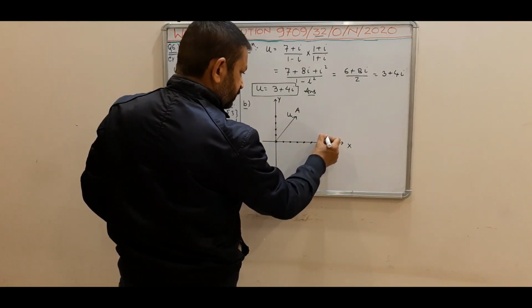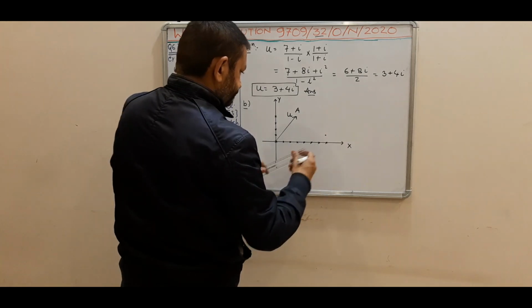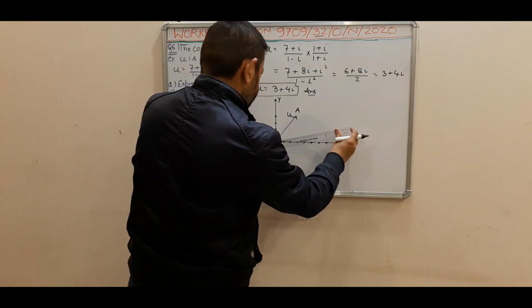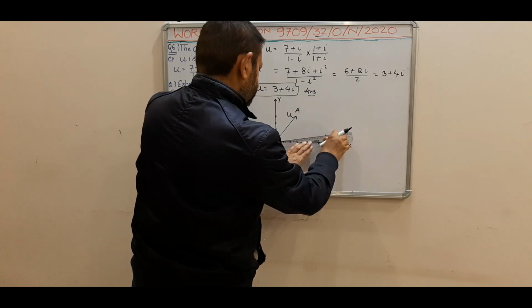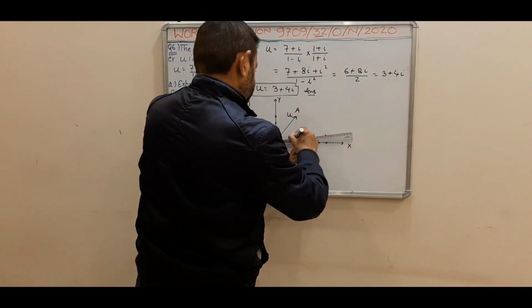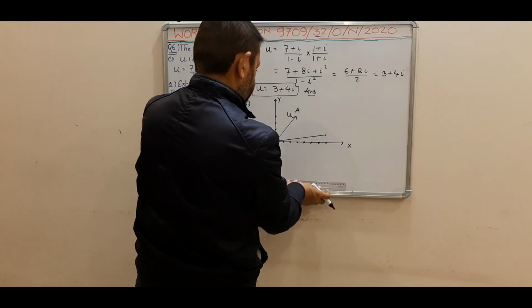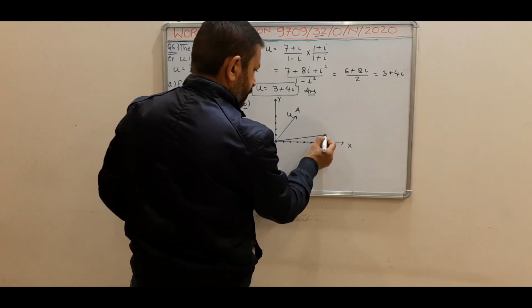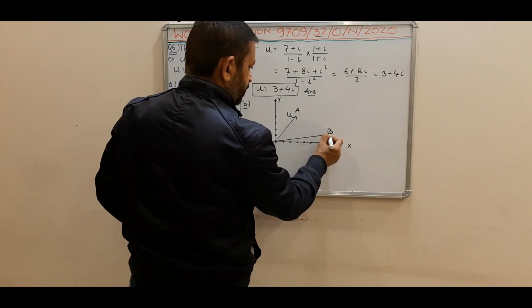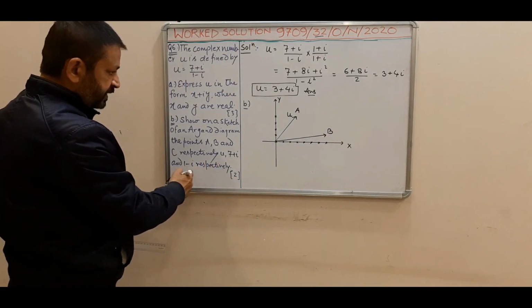So here we have 7 plus i. So this is point B, and point C is 1 minus i.